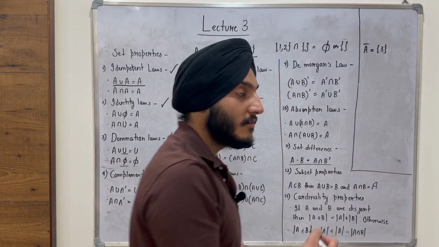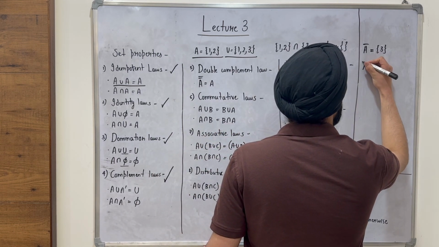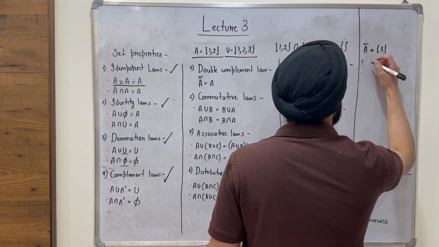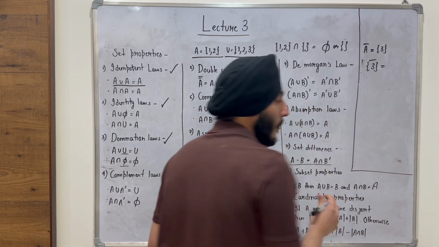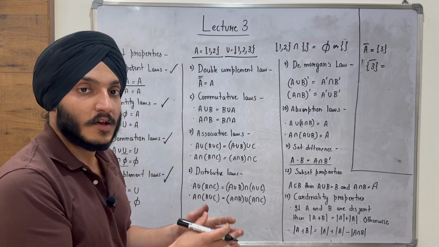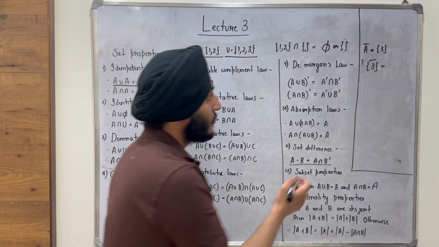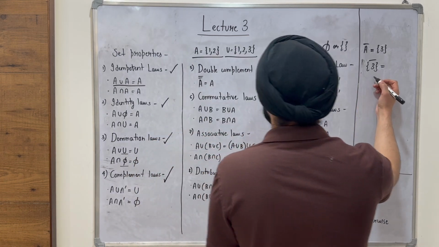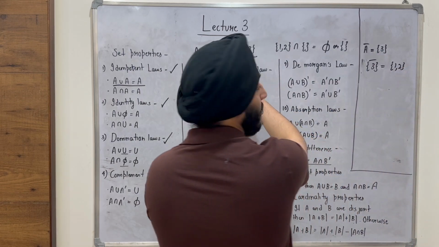And if I take the complement of 3, complement means all the elements which are outside of the set but in the universal set. So what are the elements that I have? It would simply be 1, 2, because that's what we have in the universal set.